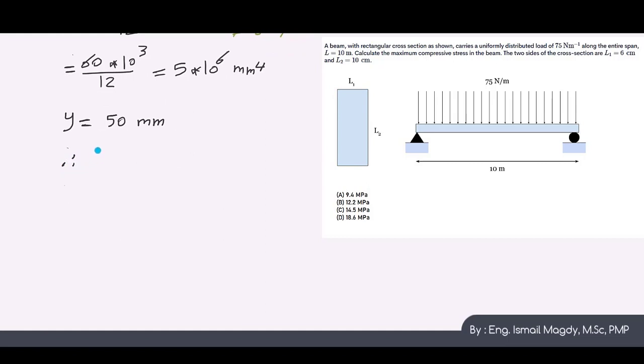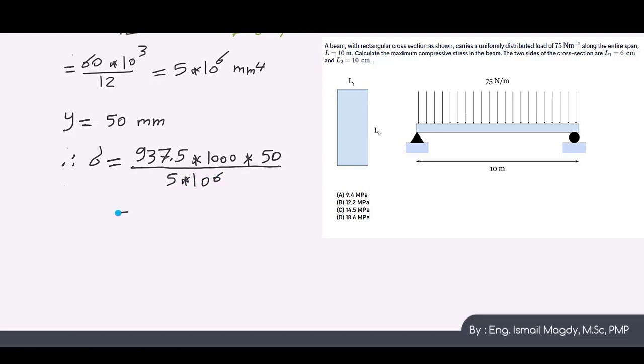This means that sigma equals M, which is 937.5 Newton meter, multiplied by 1000, because we want instead of this meter to be millimeter, multiplied by 50, which is y in millimeter, over I, which is 5 multiplied by 10 power 6.